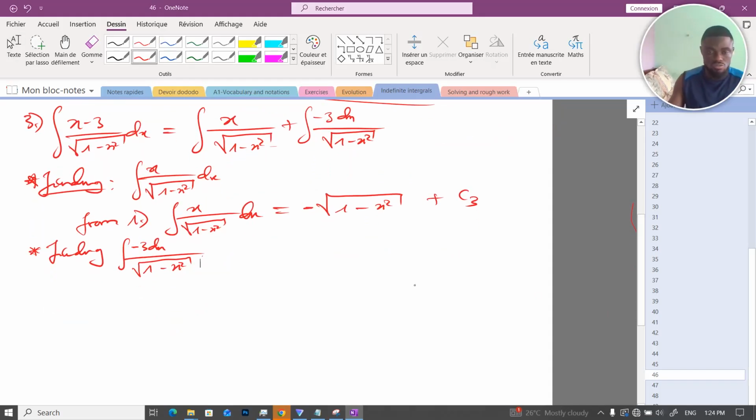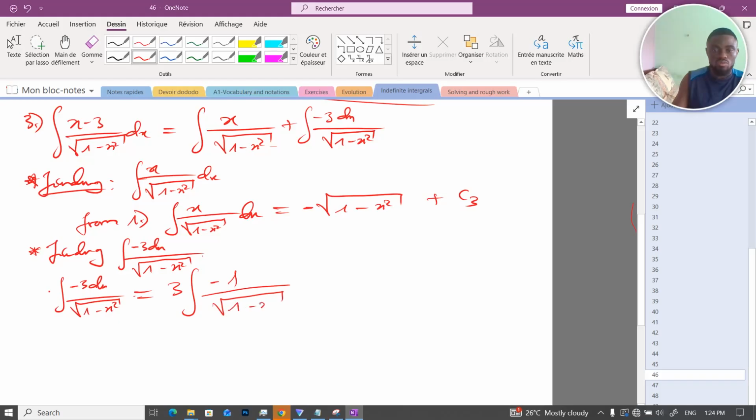Now, this integral, the integral of minus 3 dx all over the square root of 1 minus x squared is the same thing as 3 into the integral of minus 1 all over the square root of 1 minus x squared dx. What do you notice about this integral?